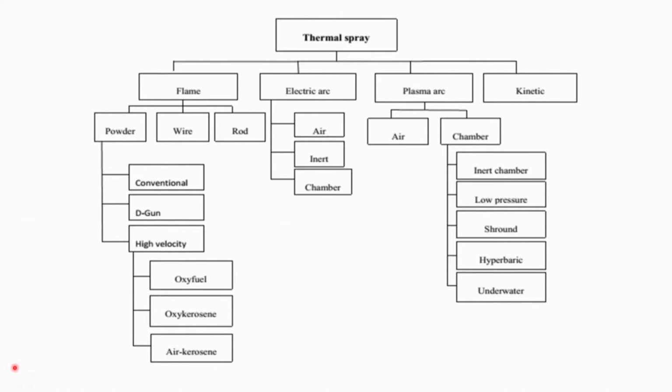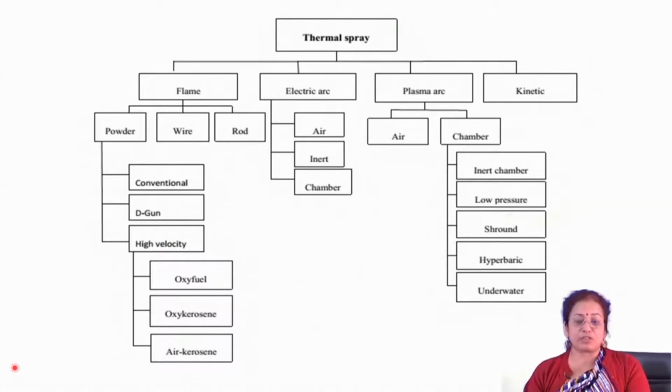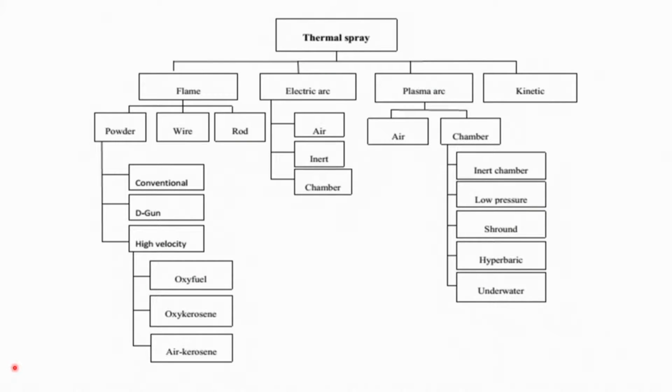If you quickly go through the classification of thermal spray deposition techniques, you can broadly classify them into 4 categories: flame spray deposition, electric arc spray deposition, plasma spray deposition and kinetic spraying. As the name implies, in flame spray deposition you use an oxyacetylene flame as the source of heat, in electric arc spraying you use an electric arc, and in plasma spraying you use a plasma arc.